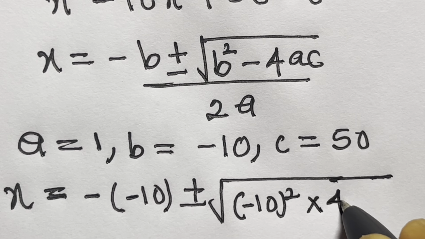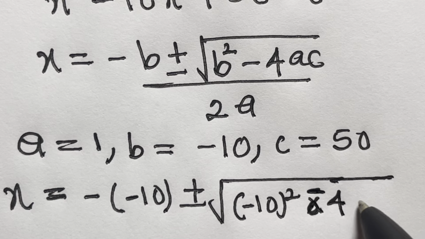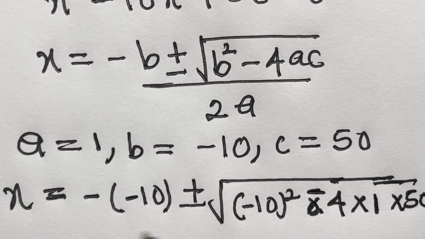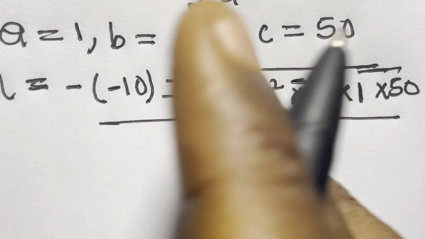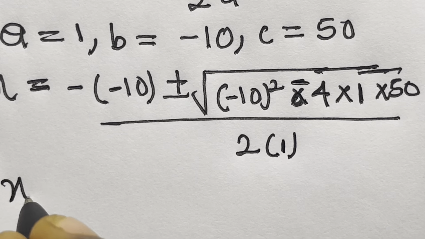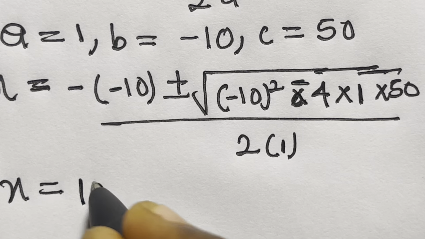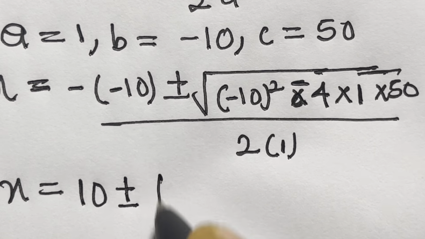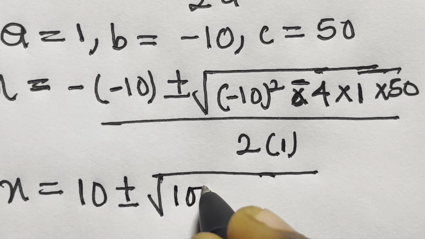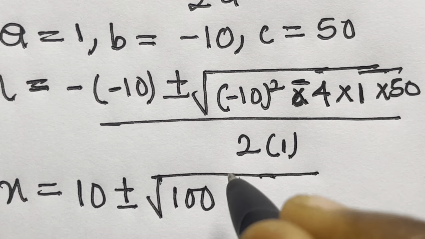Sorry, b squared minus 4 times a, what's our a? 1. And what's our c? 50. Divided by 2a. So what's our a? That is 1. We have x equals minus 1 times minus 10, we have 10, plus or minus square root of minus 10 squared, so that is 100, minus 4 times 1 times 50, that is 200.